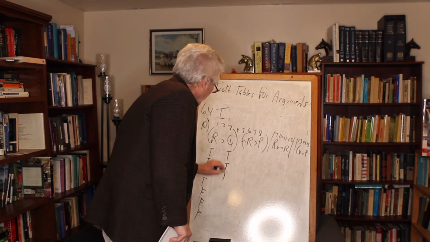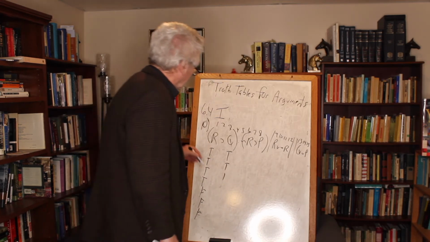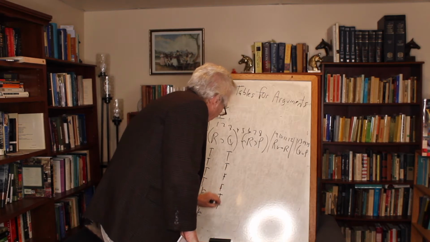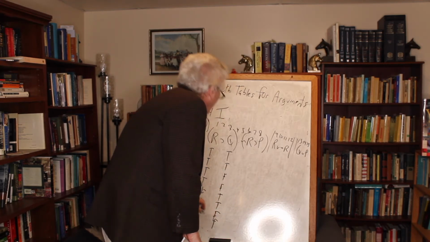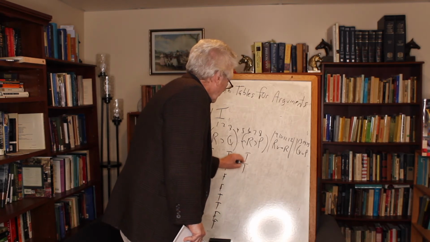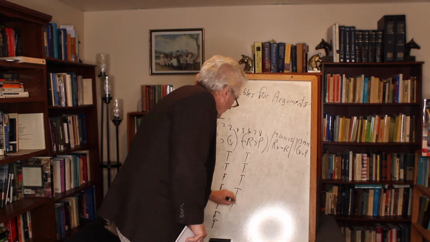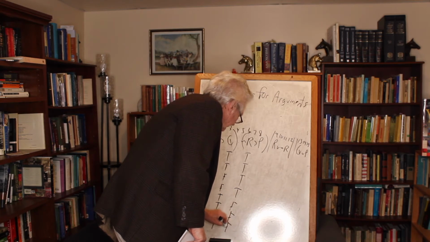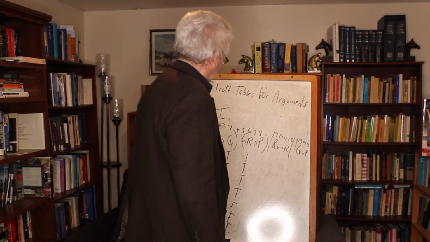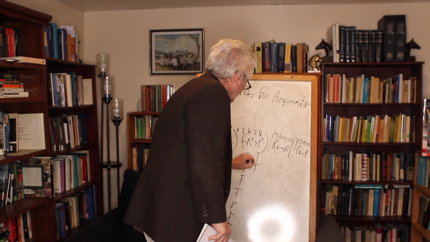Under Q, you alternate. It's 4 true, 4 false under the first letter, then alternate 2 true, 2 false, 2 true, 2 false under the second letter. This is still the first letter, R. Okay, P, new letter, alternate.